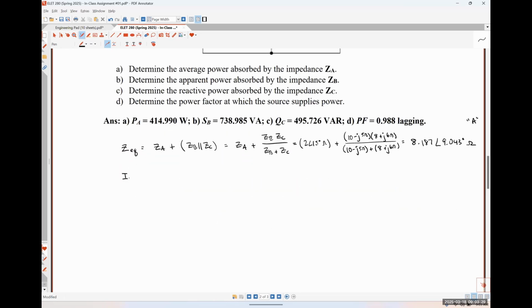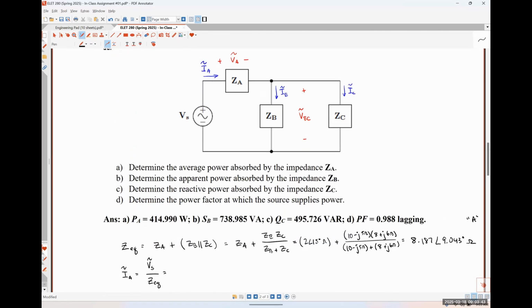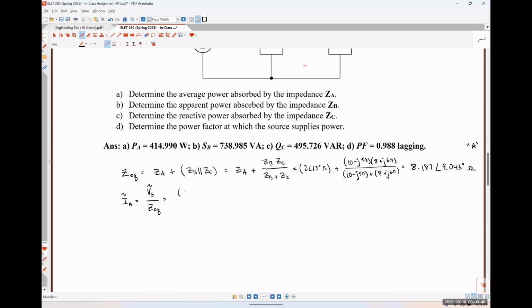So we could say that IA is just going to be Vs divided by ZEQ. That's just Ohm's law rearranged. Well, Vs, we were told that that's 120 angle 45 degrees. And then ZEQ, we just found to be 8.187 angle 9.043 degrees ohms.